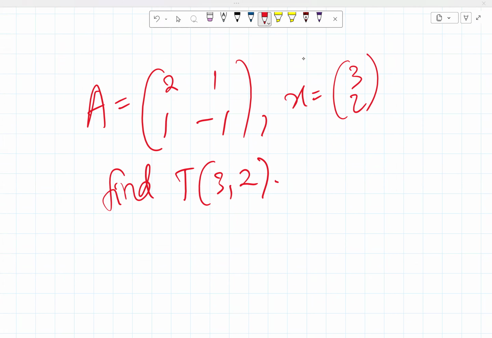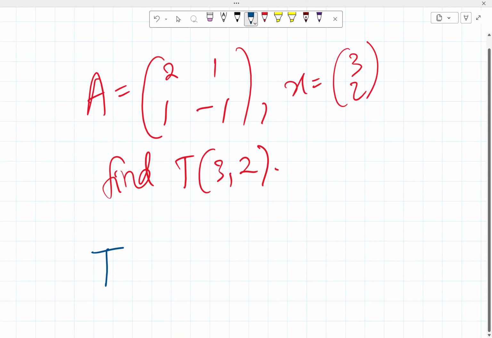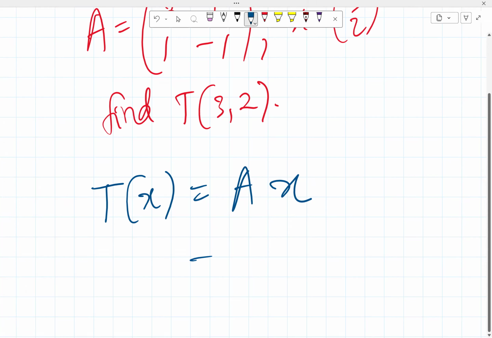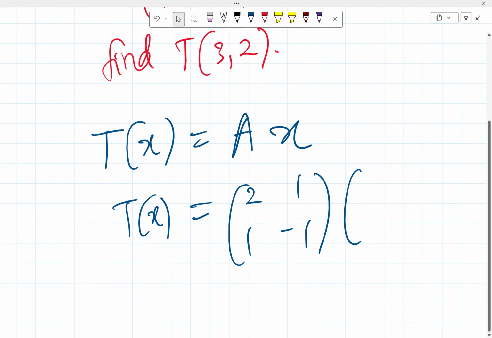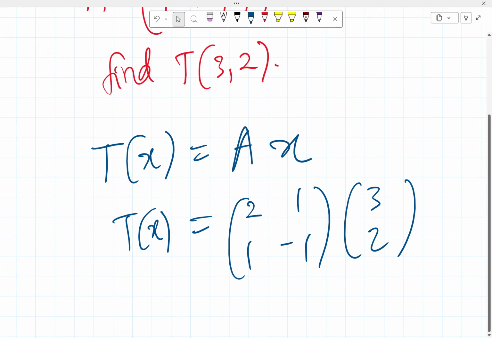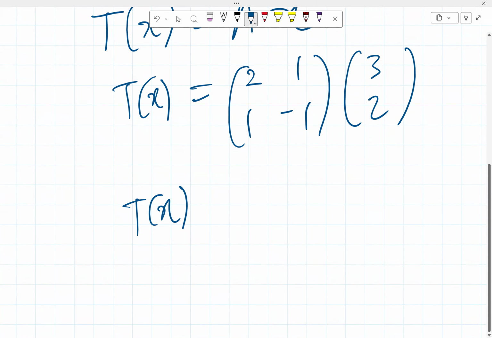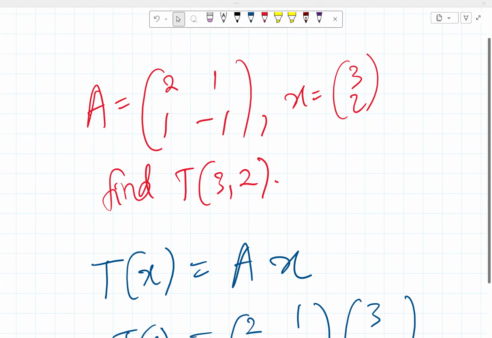So again, from what we learned already about matrix representation, we know that the transformation of X is the same thing as AX. So in this case, that simply means we have T of X equal to A, which is 2, 1, 1, minus 1, multiplied by 3, 2. To multiply, I always explain that you look at the number of rows in the first matrix.